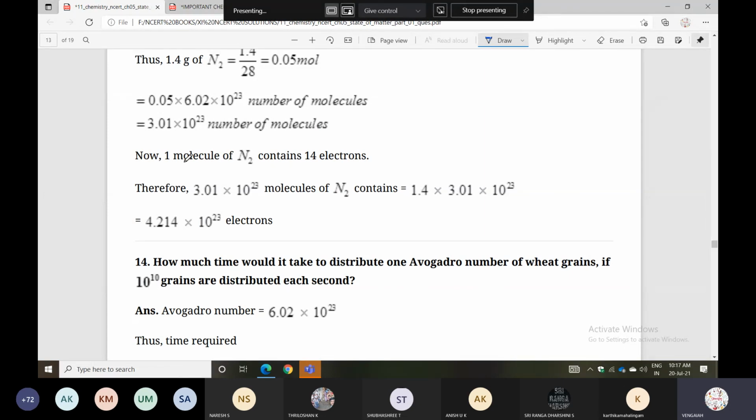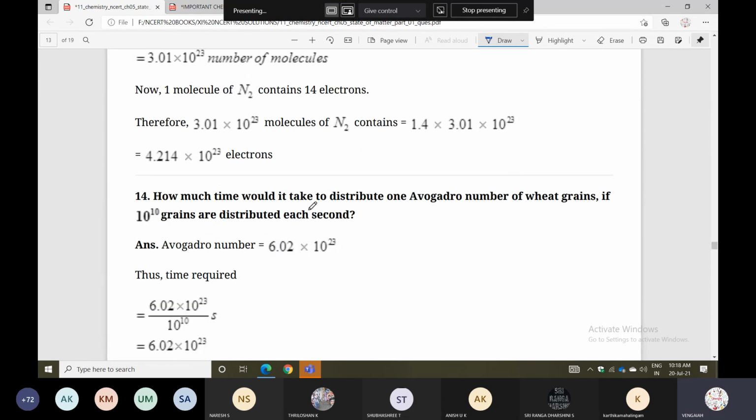How much time would it take to distribute one Avogadro number of wheat grains if 10 to the power 10 grains are distributed each second? So with respect to the Avogadro's number concept, you can do the same thing.